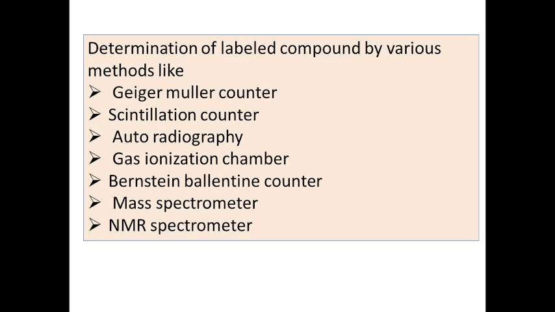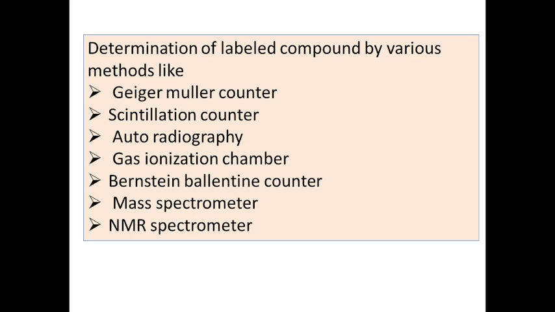So alpha particles are produced from the isotopes, they bombard the fluorescent screen, and due to bombardment a flash of light is produced, which is measured by this scintillation counter. So second one is scintillation counter.